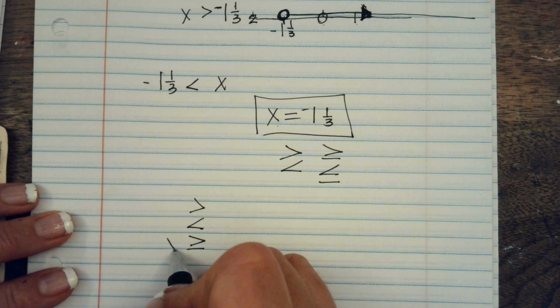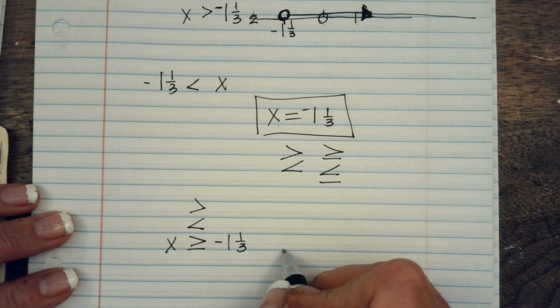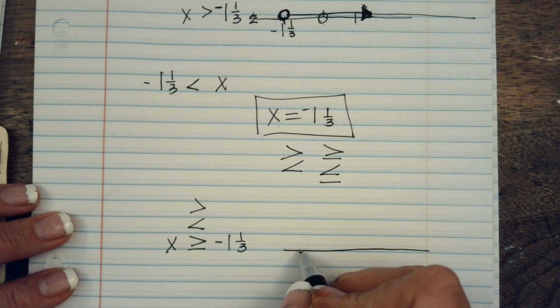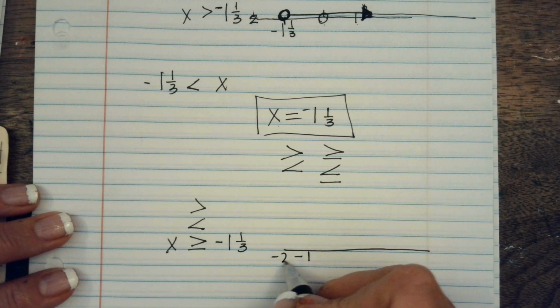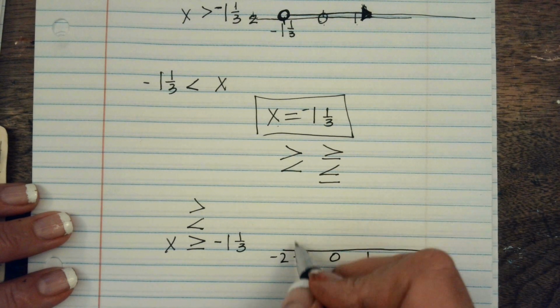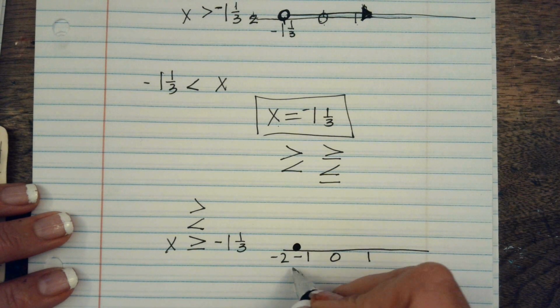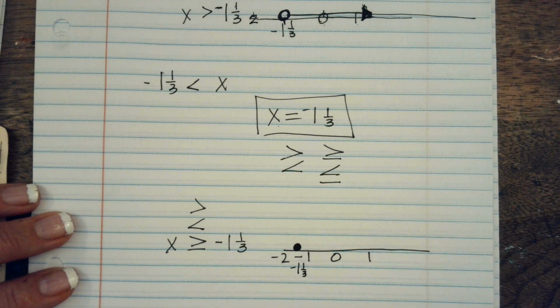So suppose we got x equals negative 1 1/3. We still have our number line, we put in some values, and negative 1 1/3 is right here, right? We're going to close circle it, and label it negative 1 1/3.